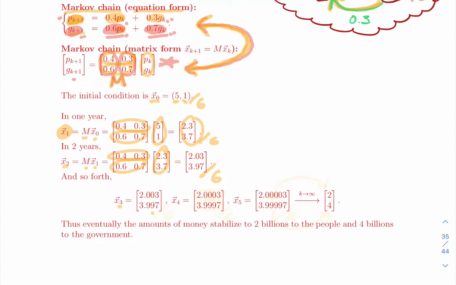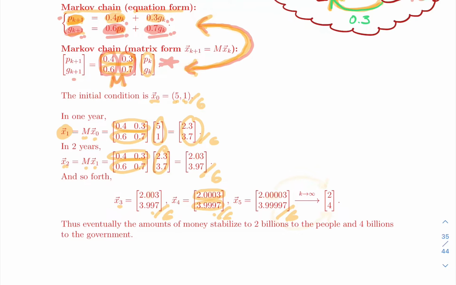And then X4 is 2.0003 and 3.9997. So what does that mean? It means that in 4 years, the people will have $2.0003 billion, and the government will have 3.9997 billion. Again, they all sum up to 6. If you compute X5, you can double check that it's 2.00003 and 3.99997.